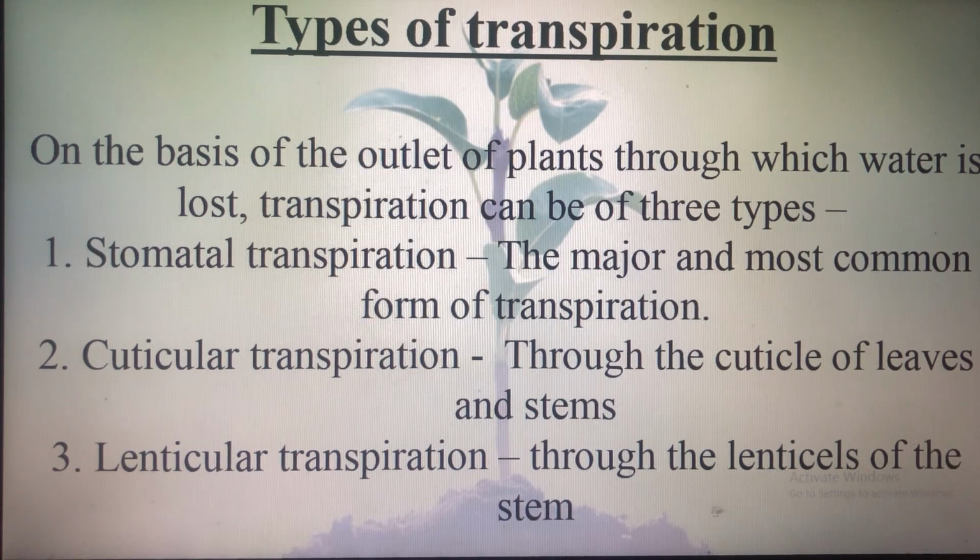Then is lenticular transpiration. So what is lenticel? Lenticel is the loose aggregation of cells which penetrates the surface of a woody plant and through which gases are exchanged between the atmosphere and the underlying tissues. So during secondary growth in plant, if you look carefully, the stem of the plant bark is not smooth.